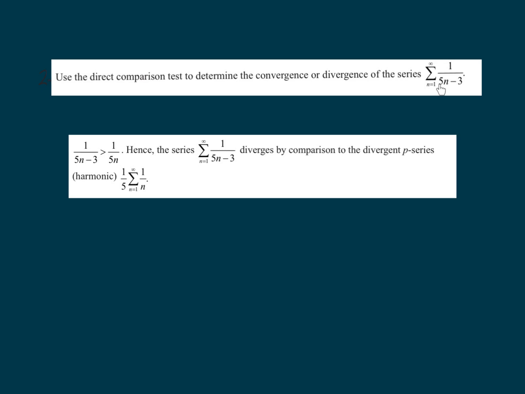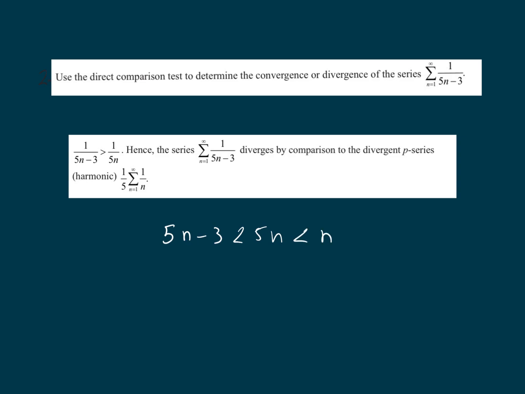Use the comparison test. I see here 1 divided by n. If I can prove that this one is bigger than the one that diverges, this one diverges. So 5n minus 3 for sure is smaller than 5n, because I'm subtracting 3 from 5n. 5n for sure is smaller than n?